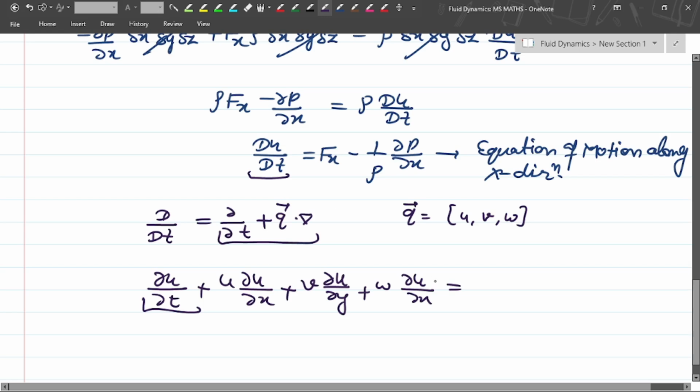The right hand side is fx minus 1 by rho dou p by dou x.